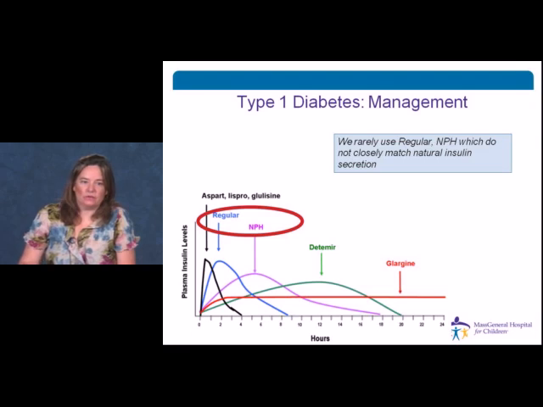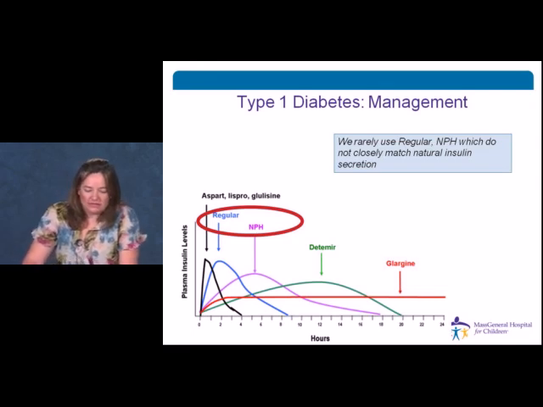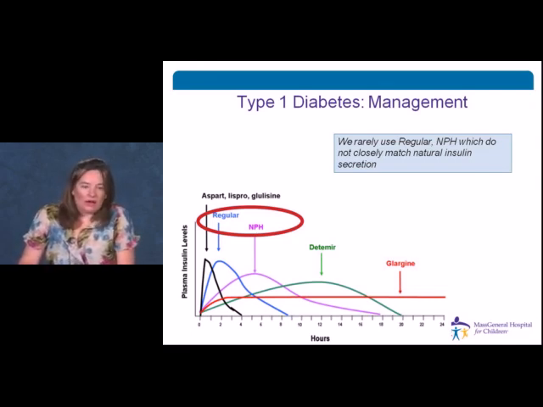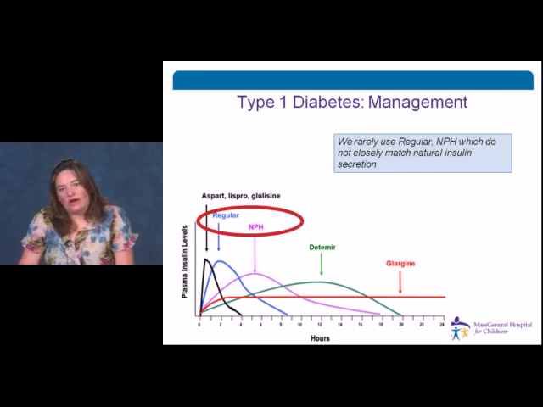And you can see this here where the peak is at about 2 hours, much later than the food would be absorbed, and there's a long tail of insulin action. And again, NPH has a peak of about 5 to 6 hours and a very long tail. And the problem with these regimens is that when you don't match the insulin to food, you're more at risk for high blood sugars, but you're also more at risk for hypoglycemia.